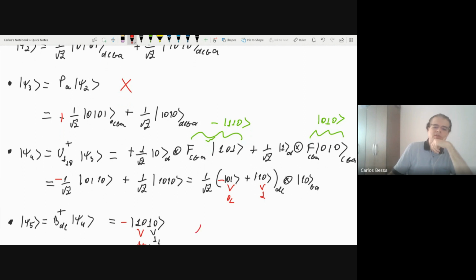And when we measure the top one, F10 goes to 1, it means the function is balanced.